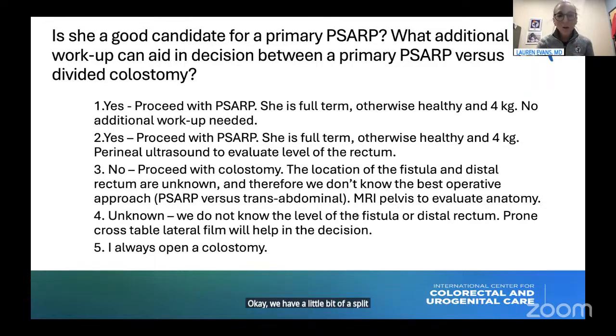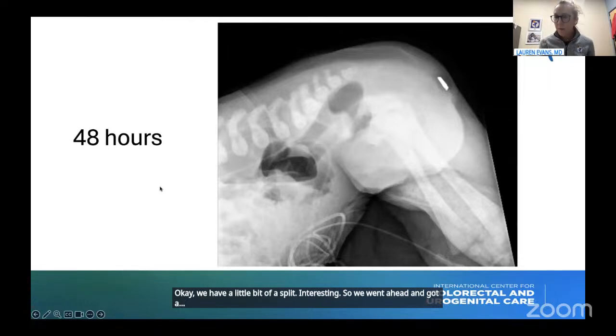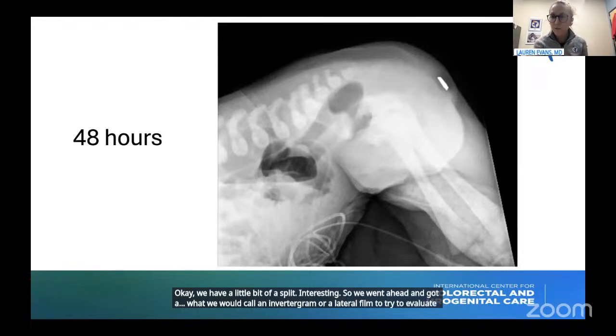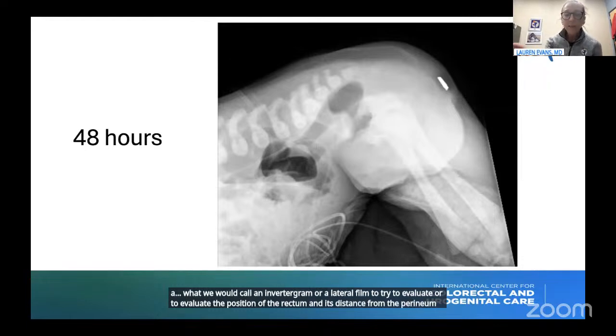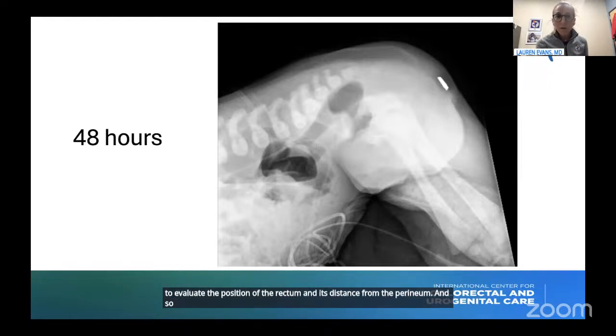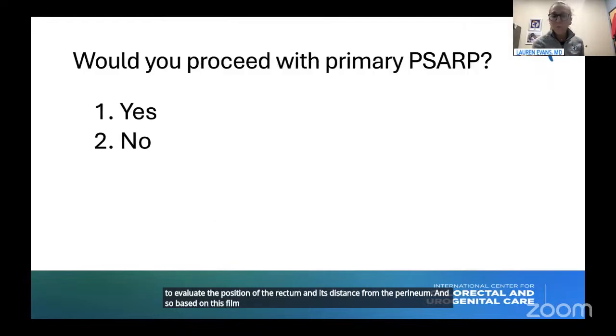Interesting. So we went ahead and got what we would call an invertogram, or a lateral film, to try to evaluate the position of the rectum and its distance from the perineum. And so based on this film, what would people do? Would you proceed with a primary PSARP, or would you wait?